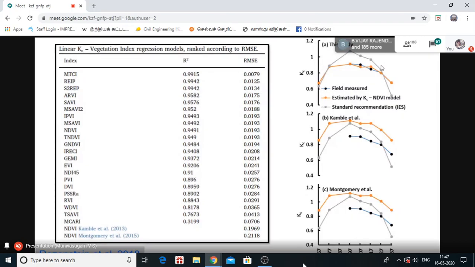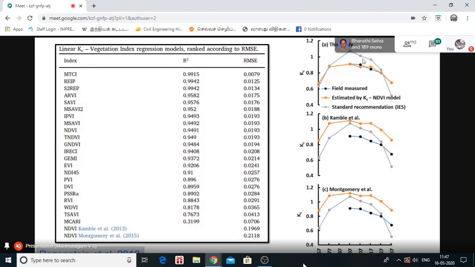They are giving some standard irrigation recommendations, and the blue shows the field measured sensor values, and the orange shows our remote sensing based prediction. Our remote sensing based predictions are well aligned with the field condition, and if you are following the standard recommendation, you are likely to over irrigate.